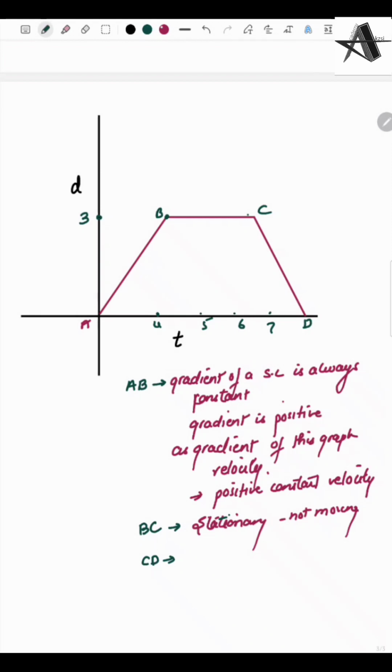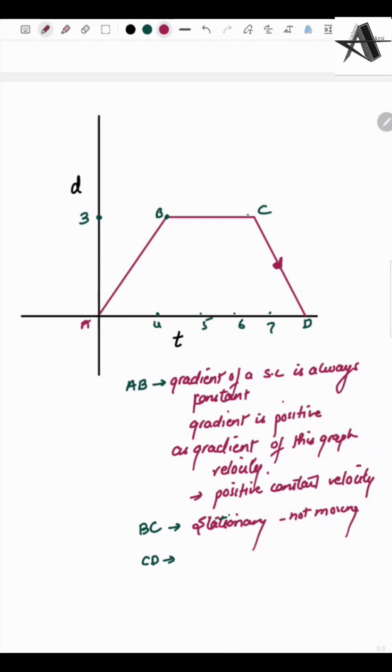From C to D, because it's a straight line, you don't even have to take points and calculate. As long as you see a straight line, it has a constant gradient. So C to D has a constant gradient. But what's happening here? One quantity is decreasing. Which quantity? Displacement is decreasing. It's easy.